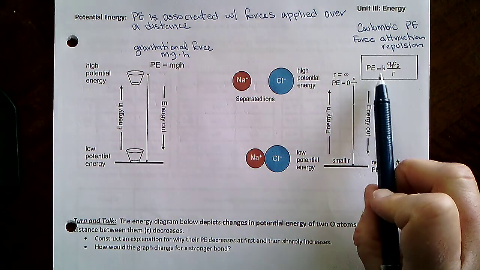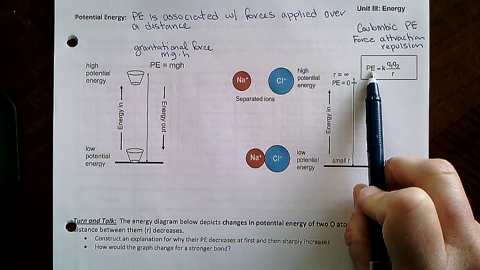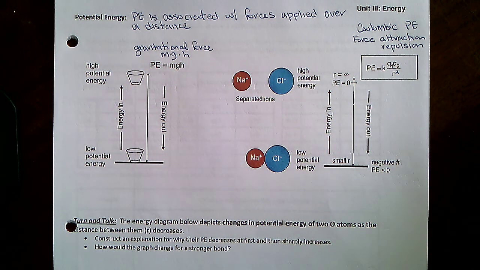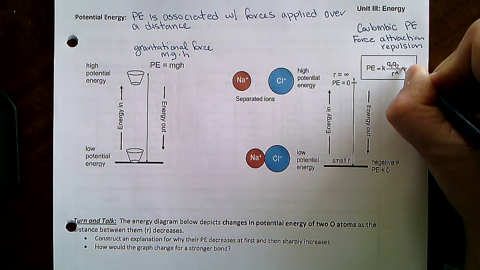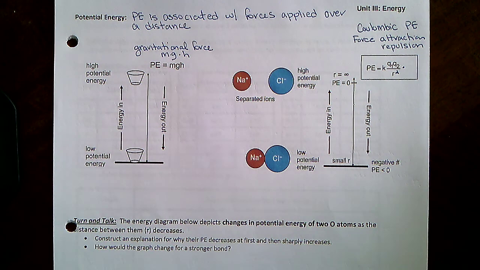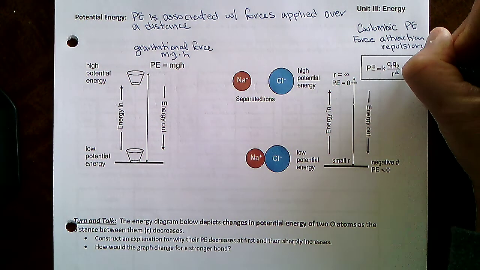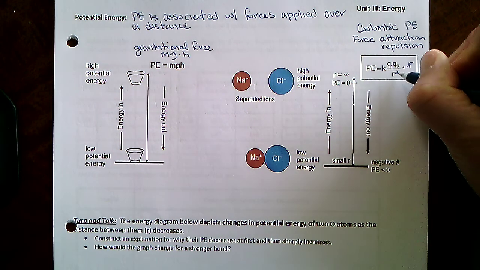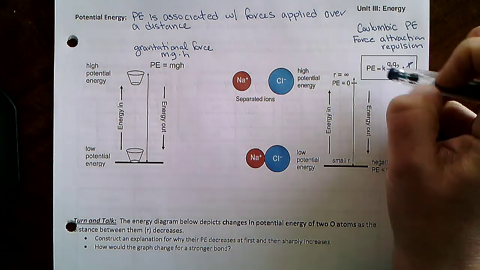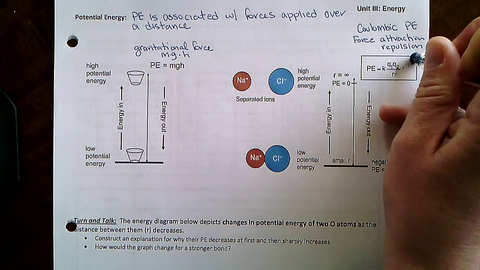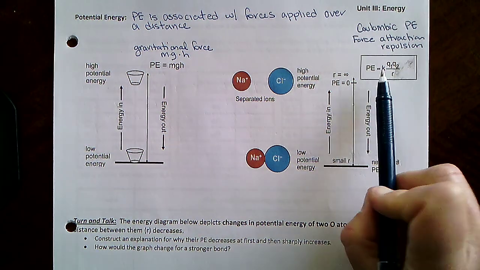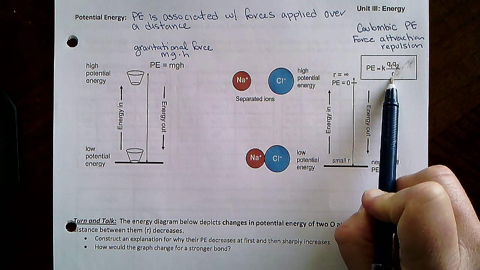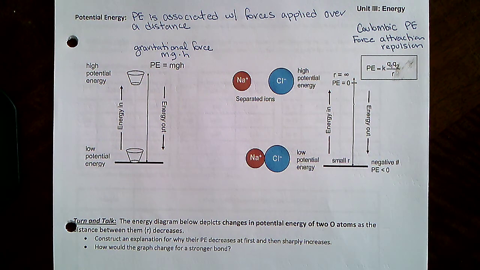So remember, if we're just talking about force of attraction, then you have Q1 times Q2 over R squared. But when you talk about this force being applied over a certain distance, the distance between two particles, then R's cancel. So you're left with potential energy of attraction just being some constant times charge 1 times charge 2 divided by the distance between those charges.